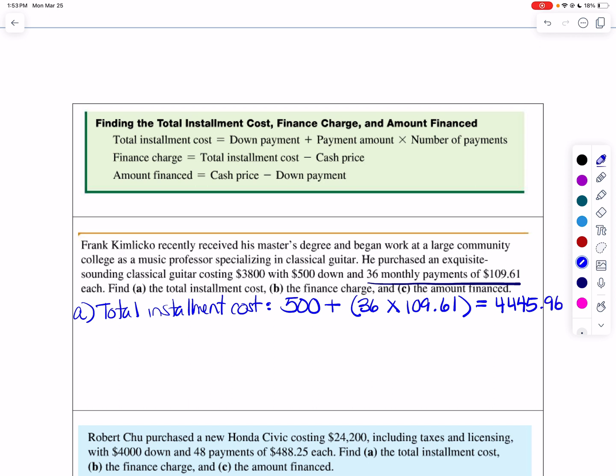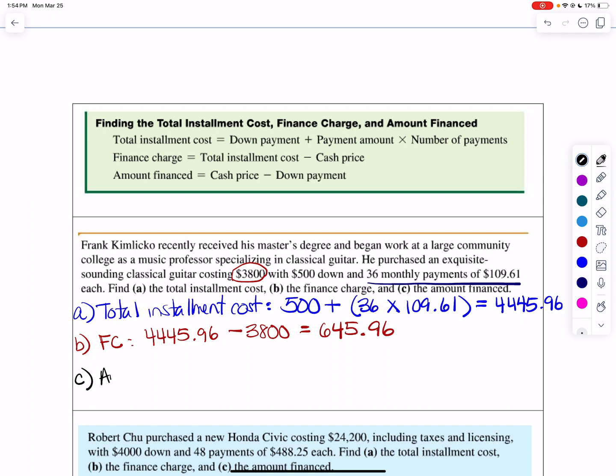$4,445.96. The finance charge is the total installment cost, which was the last number that we just found, minus the cash price of $3,800. And so that says that we have a finance charge of $645.96.